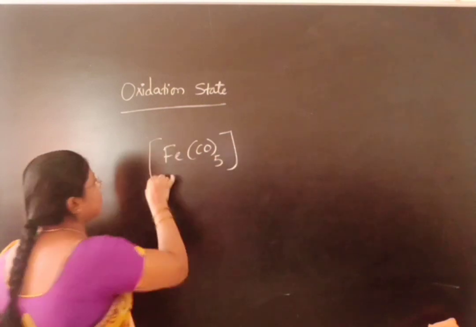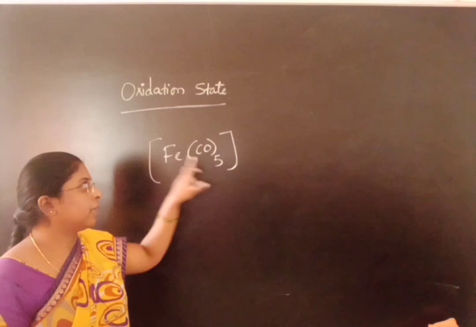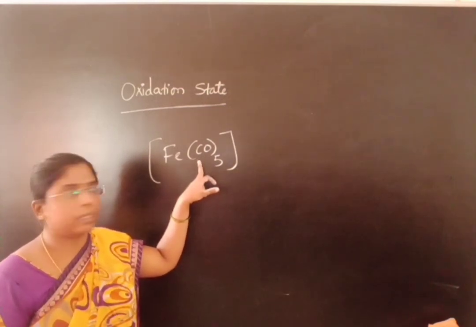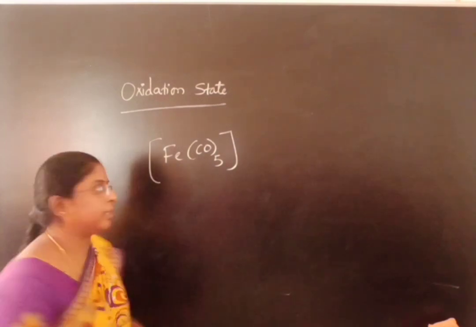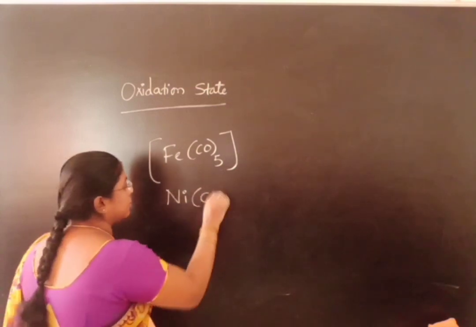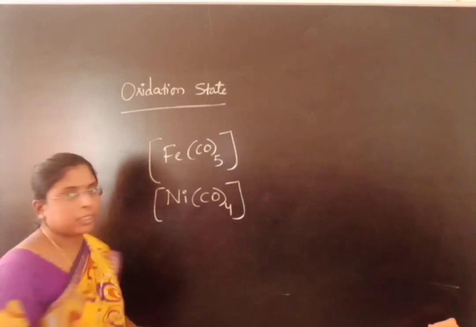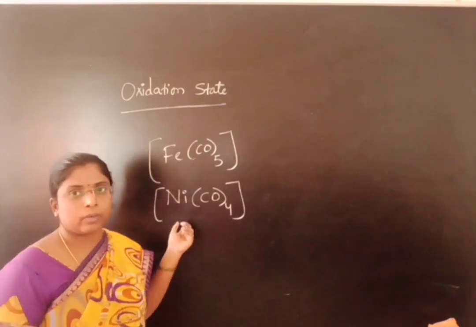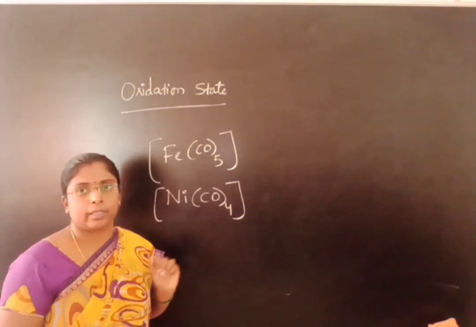Here they form complexes with a pi electron donor as a ligand. Nickel also forms complexes of the type Ni(CO)4. Low oxidation state elements generally form complexes with pi electron donating ligands.